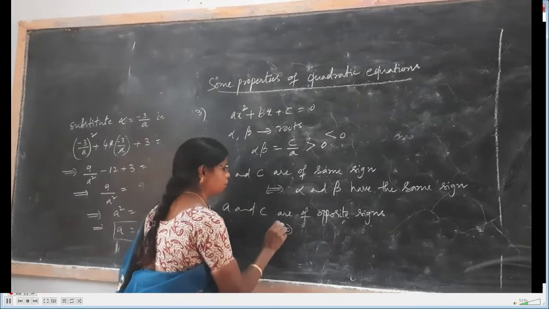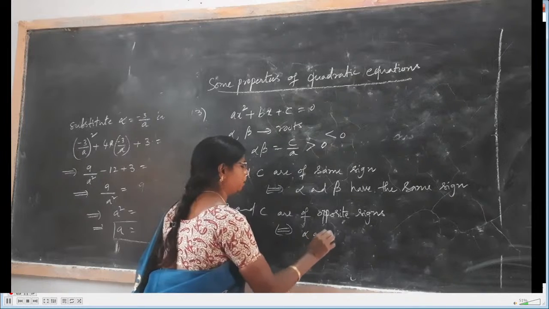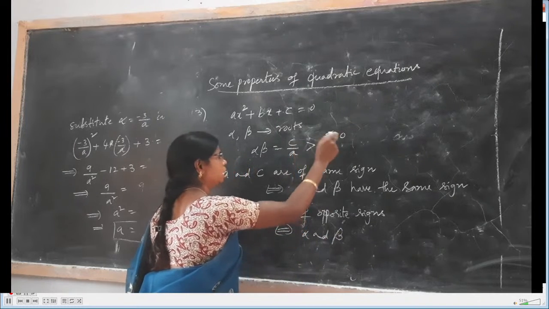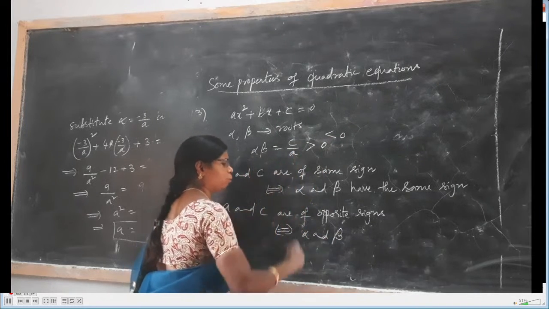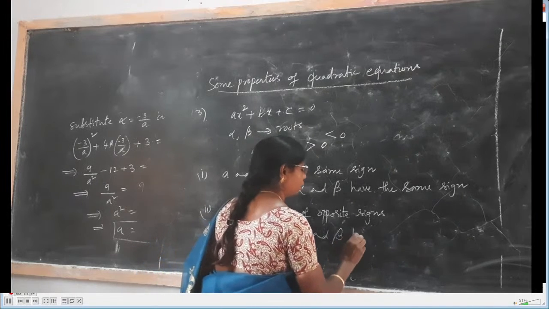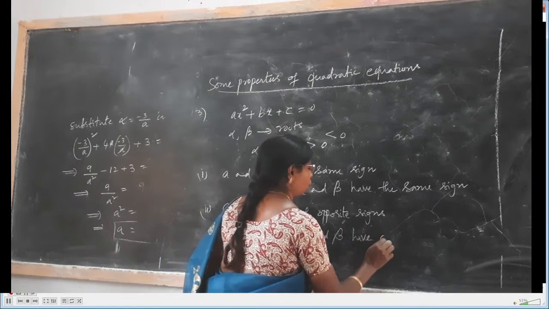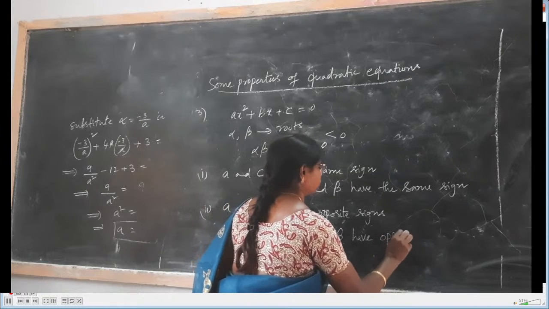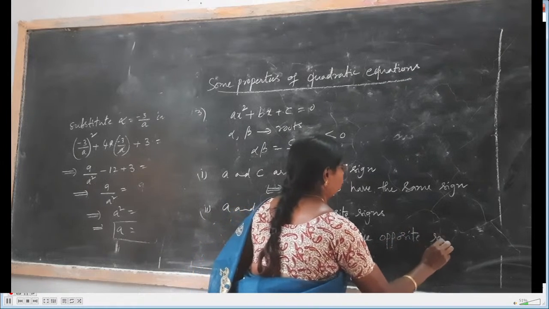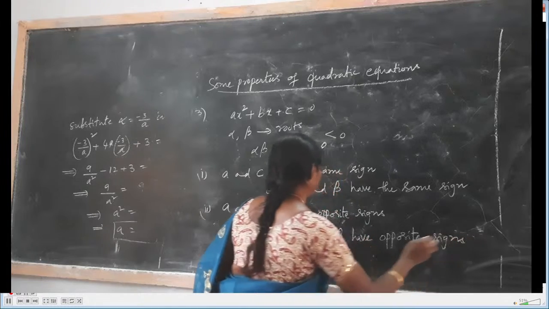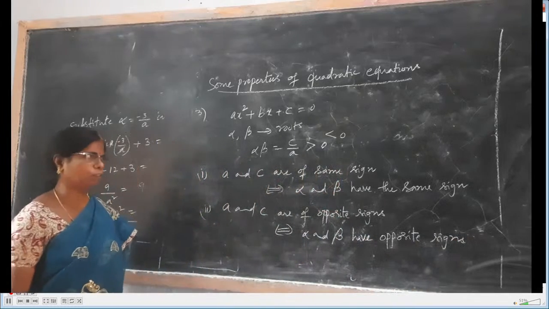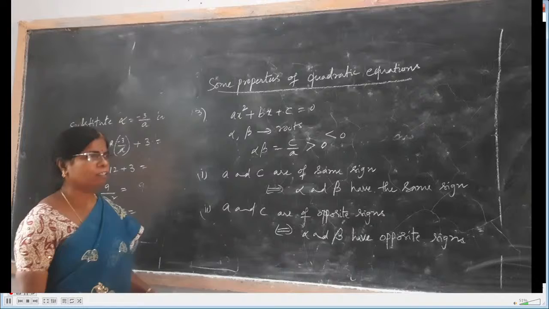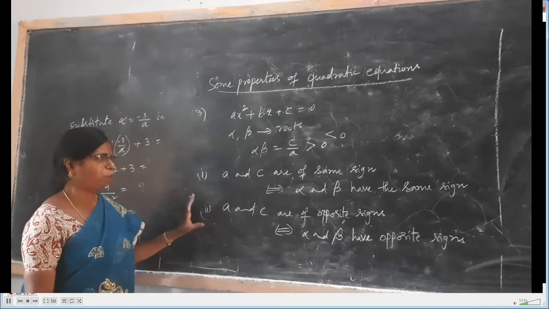If and only if alpha and beta opposite signs ఉంటే ఇది నెగిటివ్ అవుతుంది. అప్పుడు ఆల్ఫా అండ్ బీటా have opposite signs. అంటే రెండు రూట్స్లో కూడా ఒకటి పాజిటివ్ ఒకటి నెగిటివ్ వస్తుందని అర్థం. సో దిస్ ఈజ్ వన్ టైప్ ఆఫ్ ప్రాపర్టీగా చెప్పచ్చు.